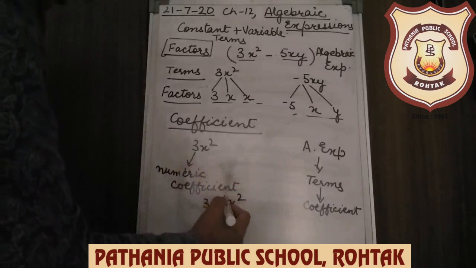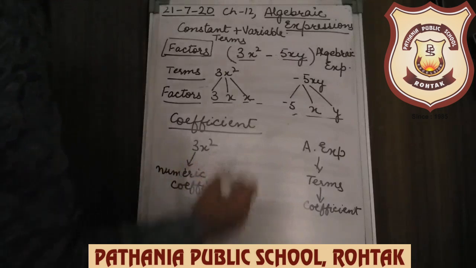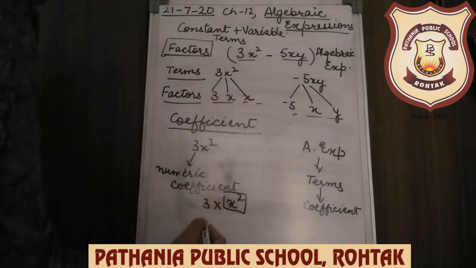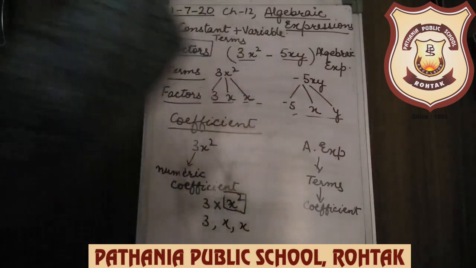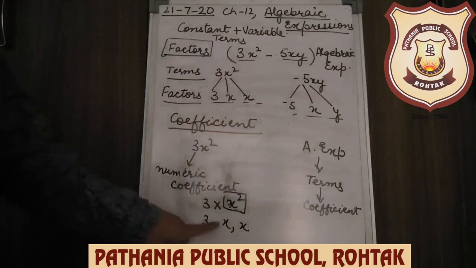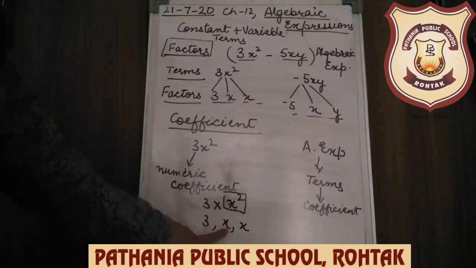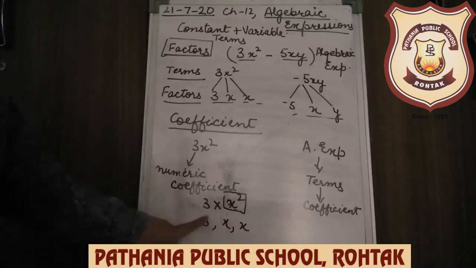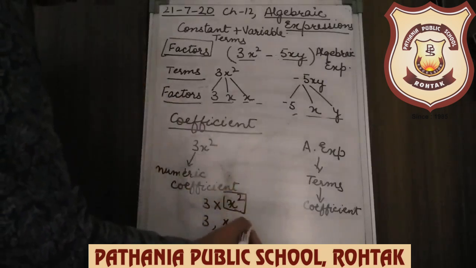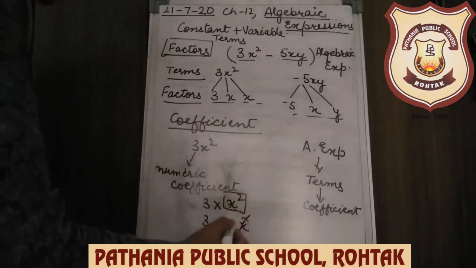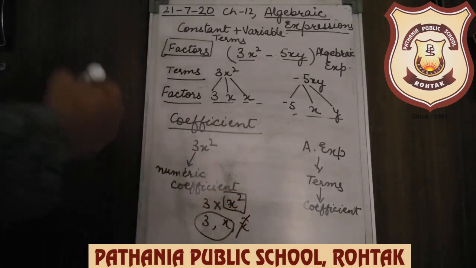Now if I ask, as we have separated, the factors are written like this. If I ask what will be the coefficient of x, the coefficient of x is going to be 1x. As there are 3x square, for 1x, cut x, and what is left? It is 3x.